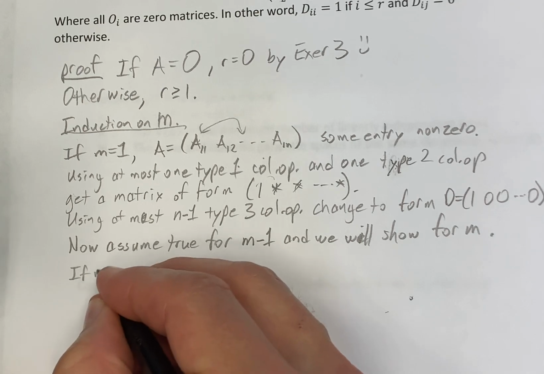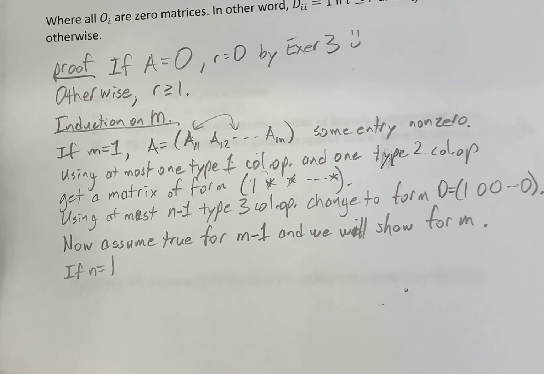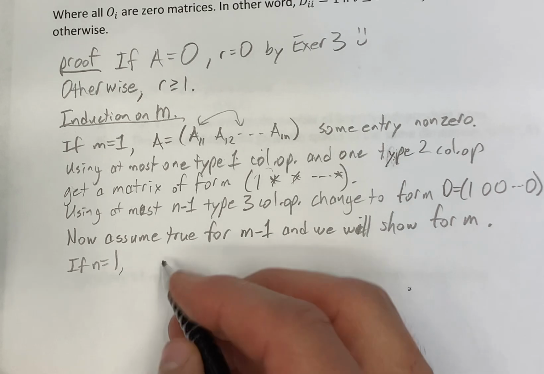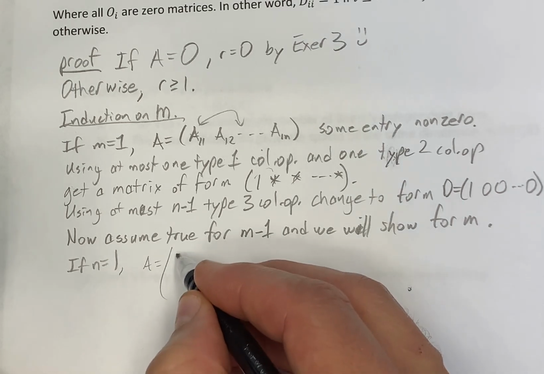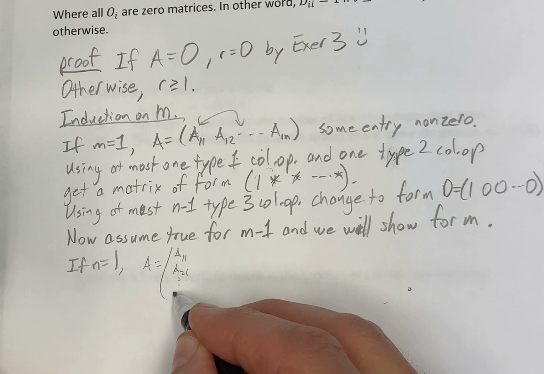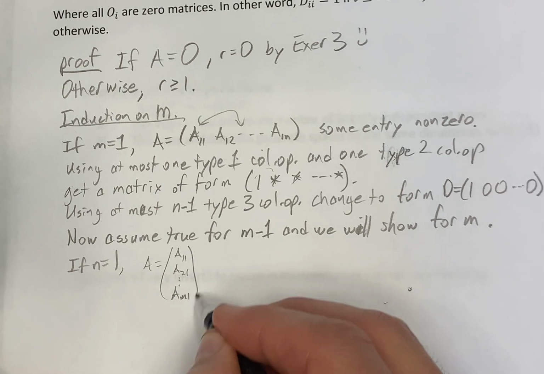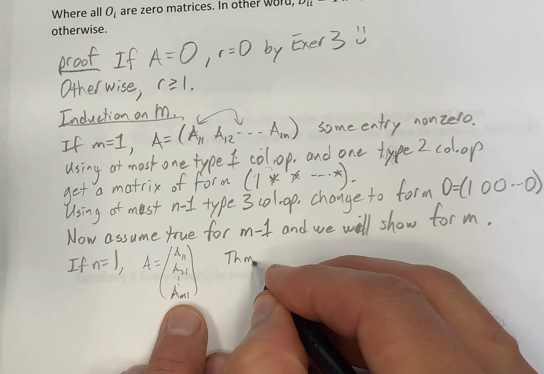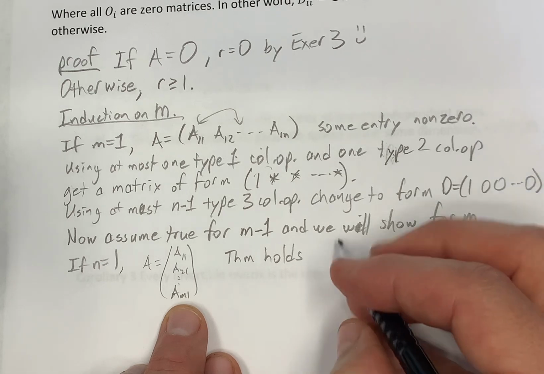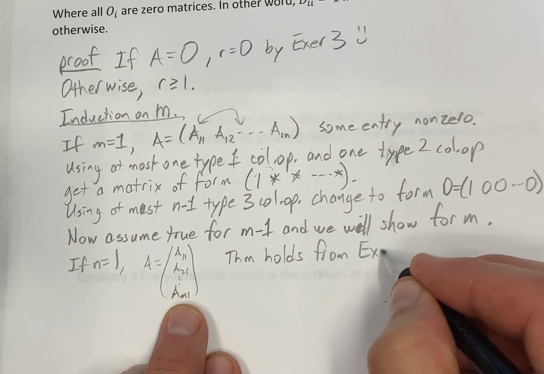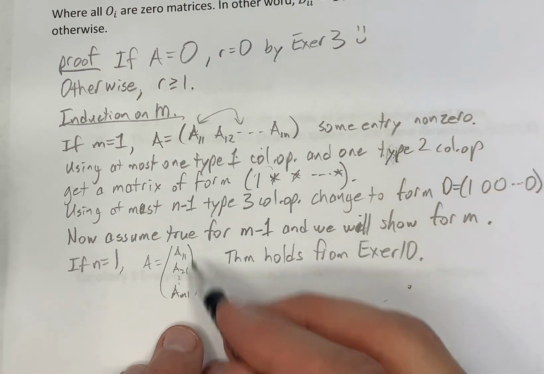If n equals 1, we're going to think about a single column, A equals A11, A21, down to Am1. The theorem holds, and you will prove this in exercise 10. It's fairly straightforward.